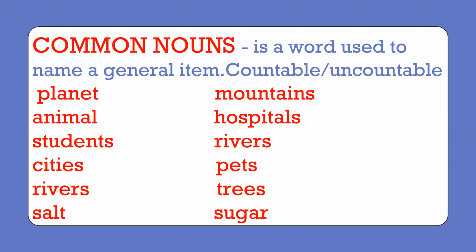I'm talking about the students. I'm addressing my students right now, not necessarily a particular student. We are looking at different hospitals, rivers, pets, trees. We have got uncountable nouns like salt and sugar. So that is the easiest definition of a common noun: a word used to name a general item.